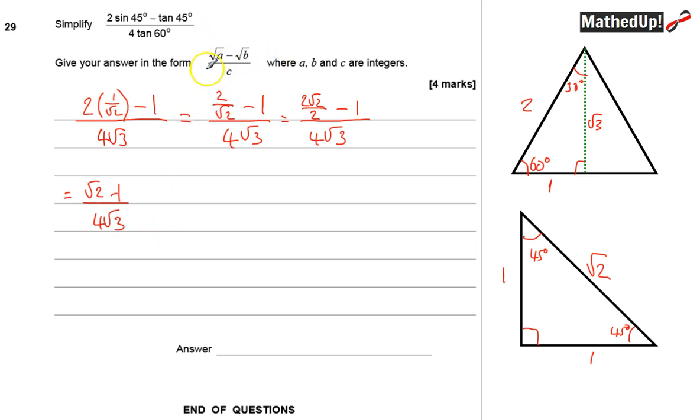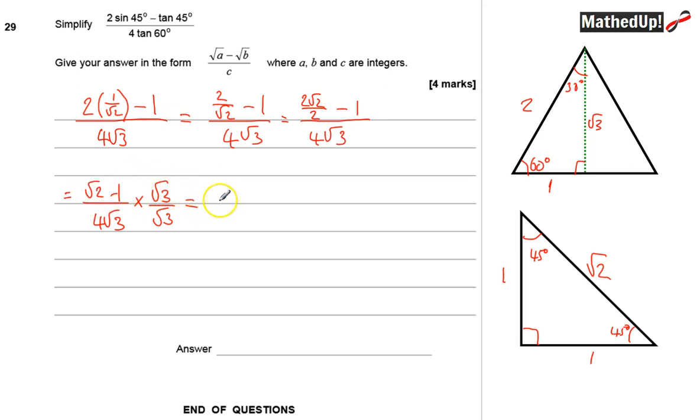Okay, we've not yet got it in this form though, because I need this to be a rational number on the bottom. So I'm going to rationalize the denominator over here now. I'm going to multiply the denominator and the numerator by root 3. Okay, so I'm going to times both by root 3. So we need to be careful here, because I'm multiplying root 2 by root 3, and I'm also multiplying the negative 1 by root 3 as well.